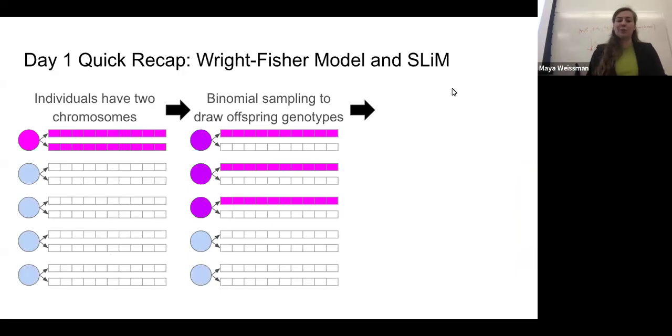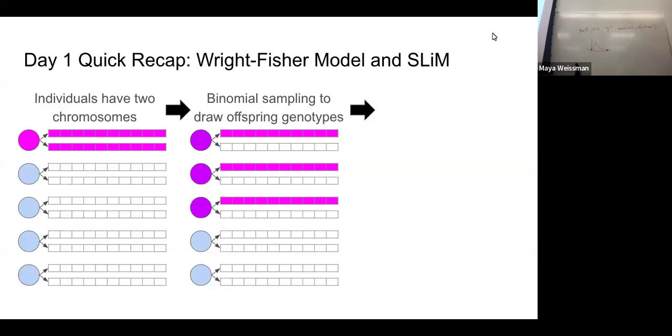So to briefly recap what the Wright-Fisher model in SLiM is, because I got a couple of questions about this. In a Wright-Fisher model, especially one with SLiM, every individual has 2 chromosomes, right? One from mom, one from dad. Then in the following generation, we use binomial sampling, so a random number generator, to determine whose chromosomes you get.